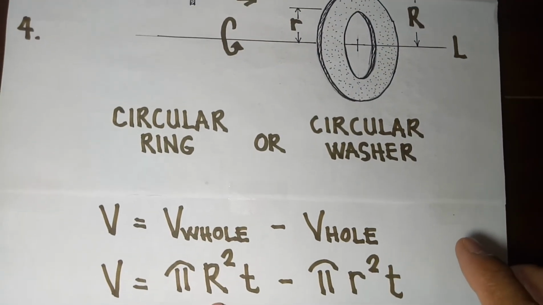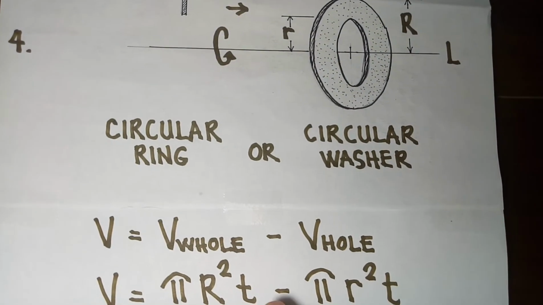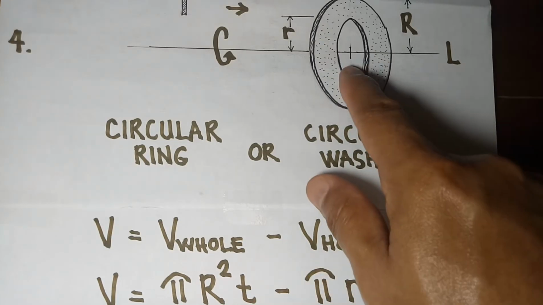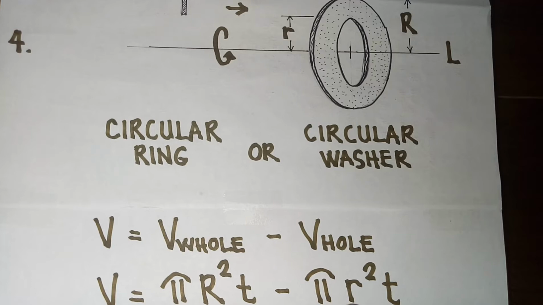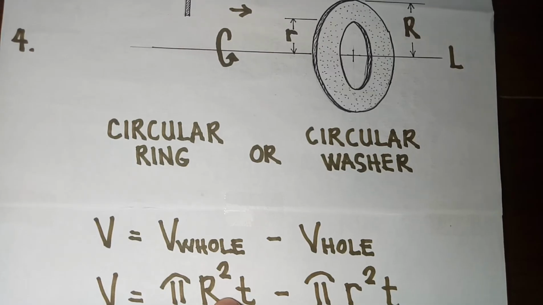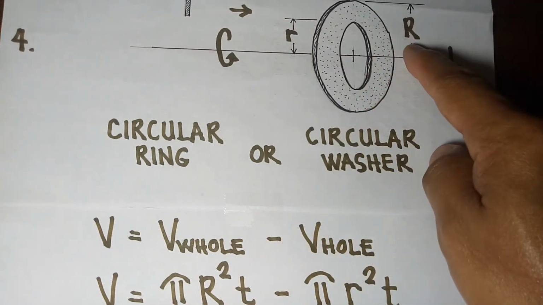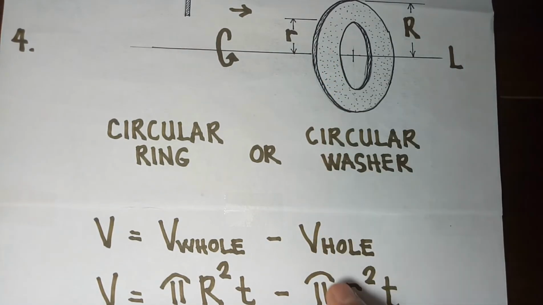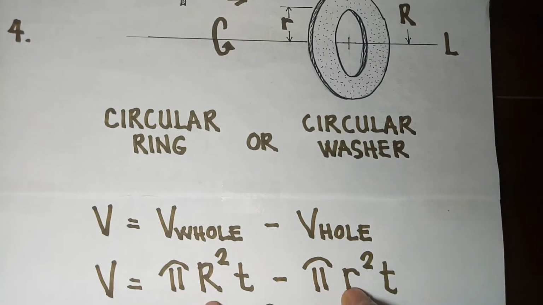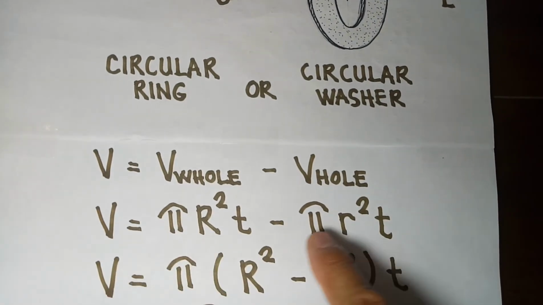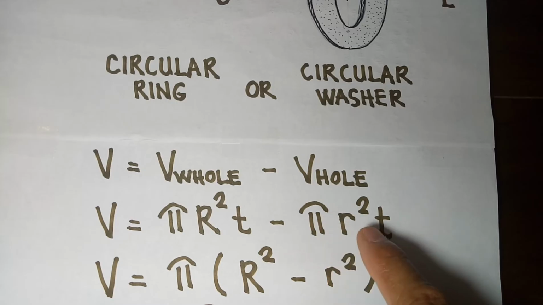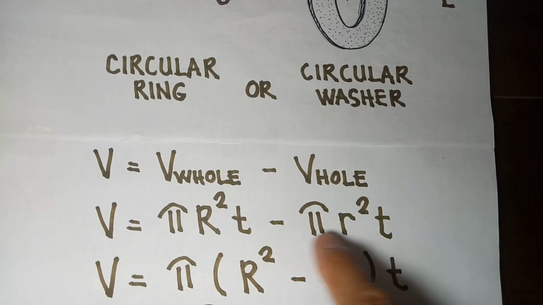So, yung volume ng buo, equal siya sa pi R squared T. Tapos, yung volume naman ng butas, equal siya sa pi r squared T din. So, volume ng buo, yung radius natin ay yung capital R, at sa volume ng butas, yung radius natin ay yung small r. So, dito, meron tayong common factor na T at saka pi.